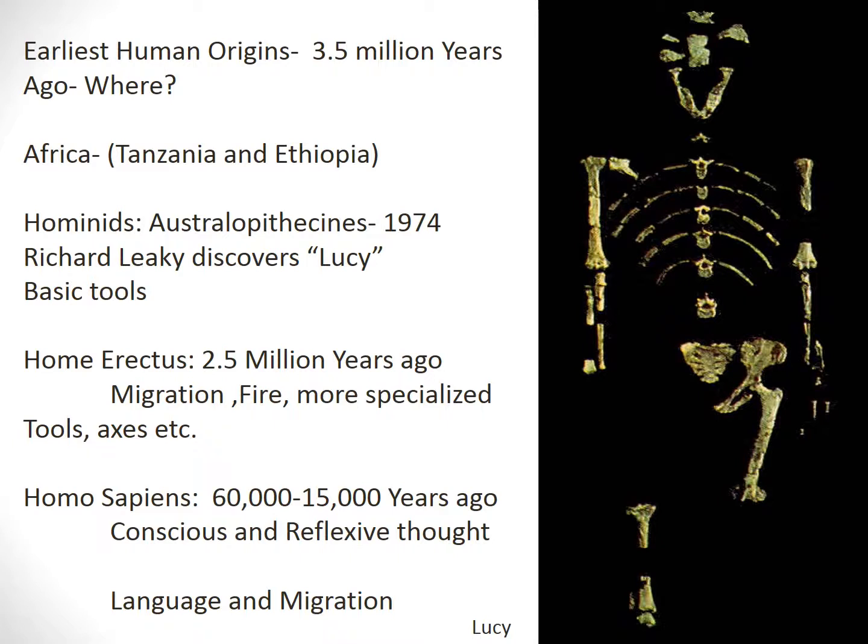And what makes humans, as we know, the Homo sapiens sapiens, us, unique is the cranial capacity, our brain capacity for conscious and reflective thought, meaning that people have the ability to contemplate their place in the world.